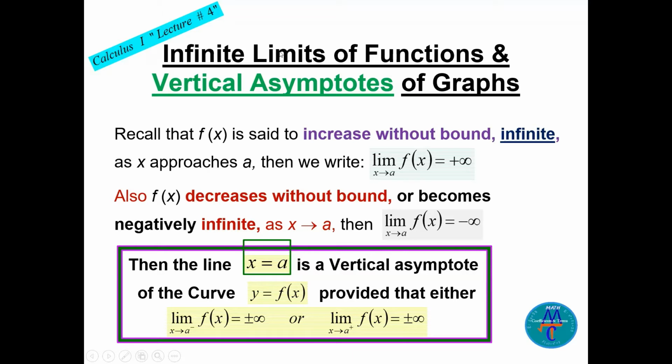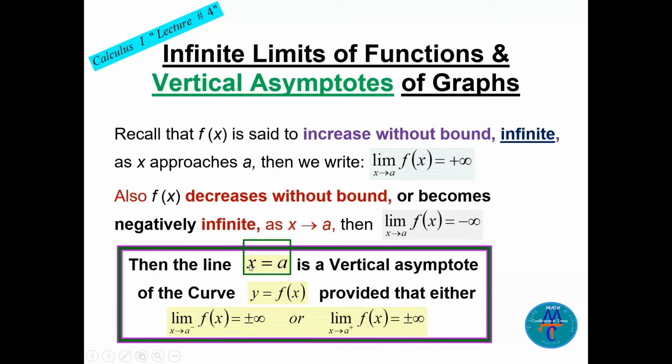We say infinite limit, so the limit is either plus infinity or minus infinity. Also, f of x decreases without bound, or becomes negatively infinite, as x goes to a. Then we can write the limit of f of x as x goes to a is minus infinity. So if the answer in the limit is infinite, either plus or minus infinity, then we can say x equals a.